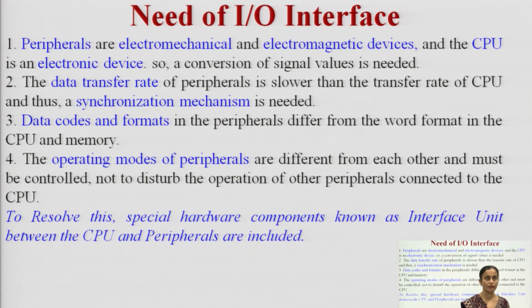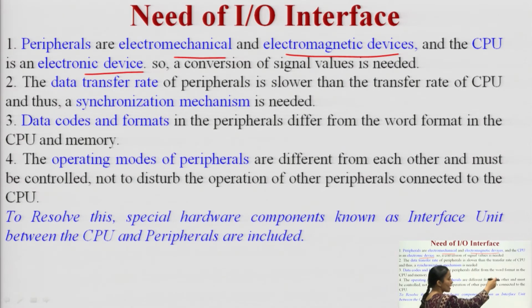Then the next question that comes to every person's mind is, what is the need of this IO interface? Why do we need so many interfaces whenever we are connecting so many devices to the CPU? As I said earlier, these peripherals are either electromechanical devices or electromagnetic devices. When we discussed the magnetic tape or magnetic disc working, we said they are electromagnetic devices. When we discussed the keyboard working, we saw that it is an electromechanical device, and the CPU, we know, is an electronic device.